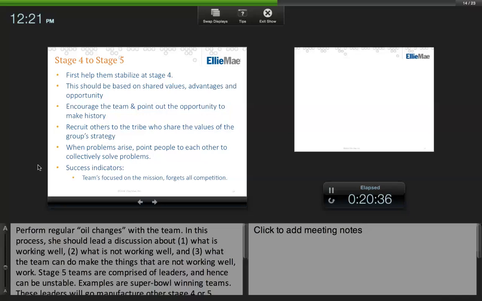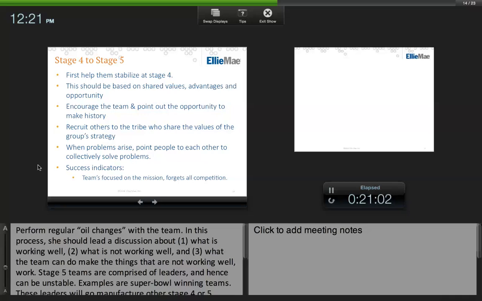One of the things is teams scale, right? Teams need to scale. And in order to do this, there is a certain recruitment that needs to happen. Of course, we all interview, we all add people. People move from one team to another. But it's really important for us to preserve that team culture. On a stage 4 team, one person who's a stage 3 or a stage 2 individual can really change the dynamic of that team.